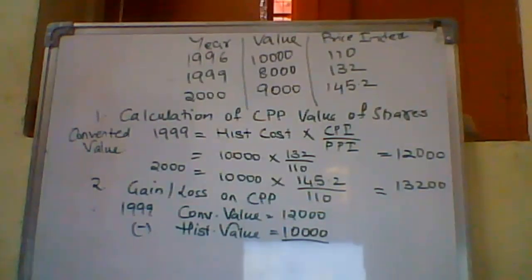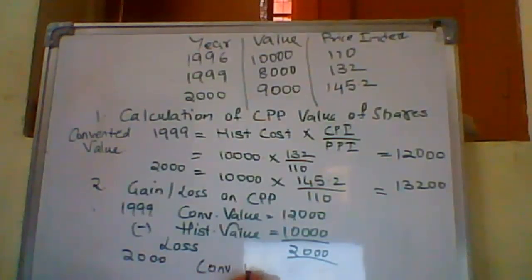It means according to inflation, actually you should have had a 12,000 value, but the historical value is 10,000. It means your loss on holding these shares, that is loss which is there as on CPP method, which is there as 2,000.